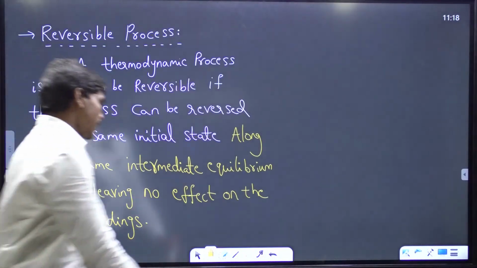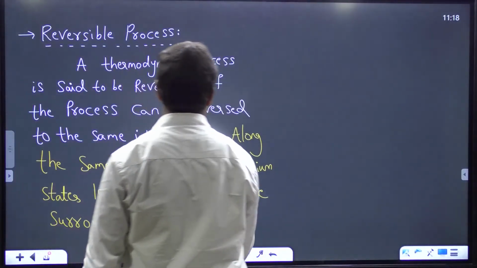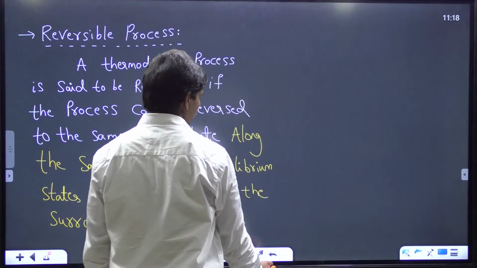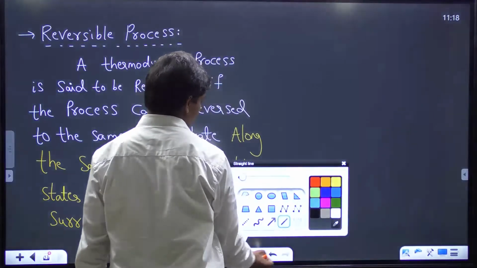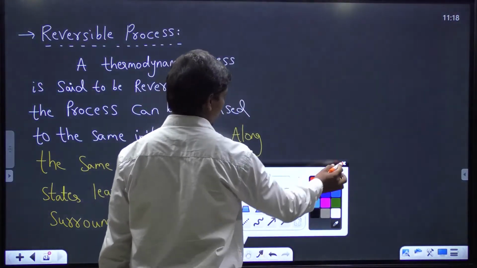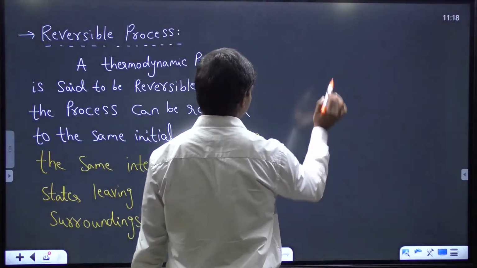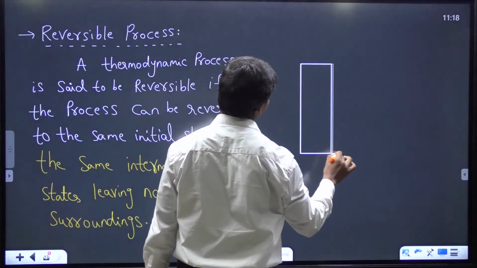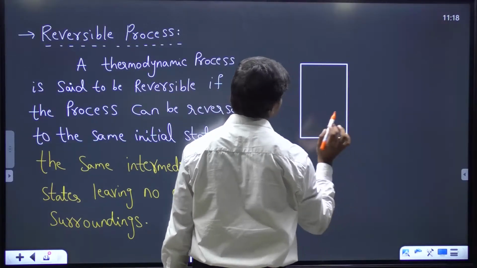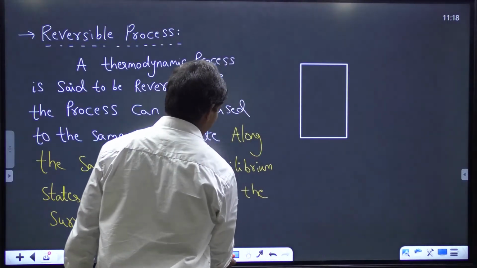Now see here, let us assume a quasi-static process. Okay, so now let us take a piston cylinder again, which is something like this, and let us suppose there is a piston here.